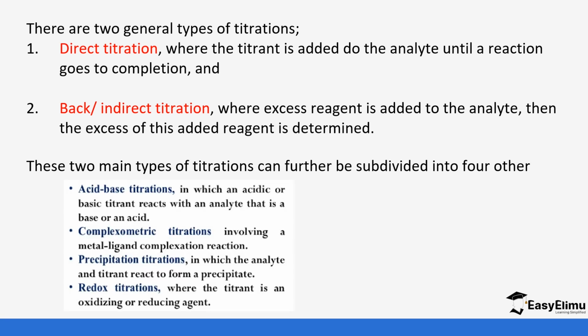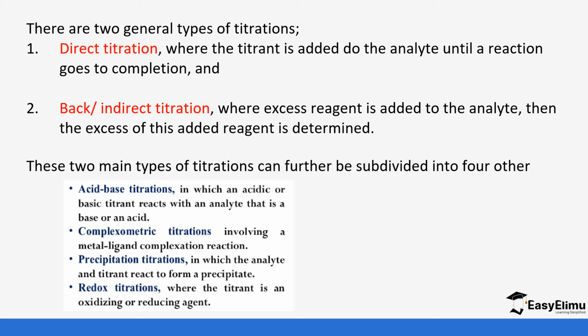So we have the acid-base titrations, in which an acidic or a base titrant reacts with the analyte that can be a base or an acid. We have also complexometric titrations, which involve metal-ligand complexation reactions. We have precipitation titration, in which the analyte and the titrant react to form a precipitate.